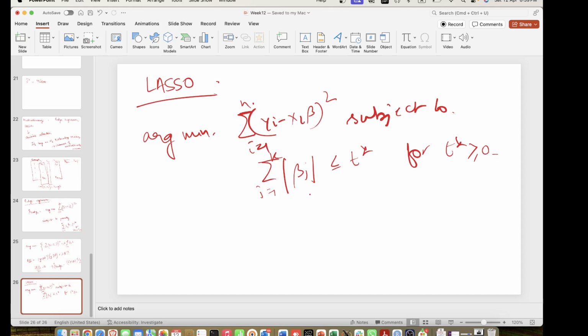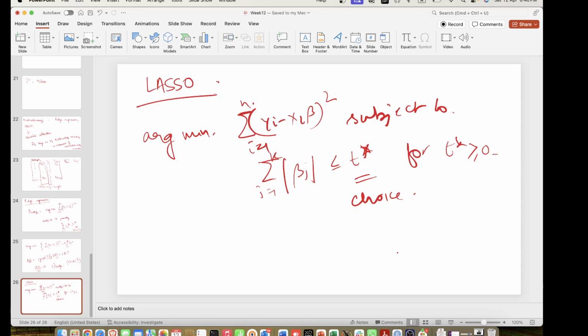So by placing this regularization condition, we are shrinking some values of beta j to 0, and that will help us choose the non-zero beta j's, and that will in turn help in variable selection. Okay, so this choice is crucial, and it depends a lot on the domain.